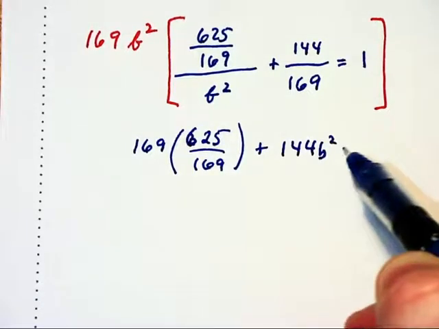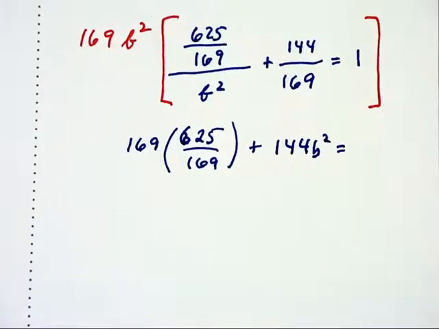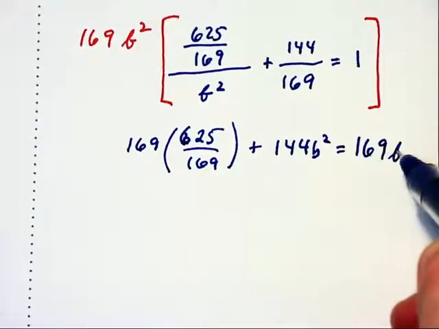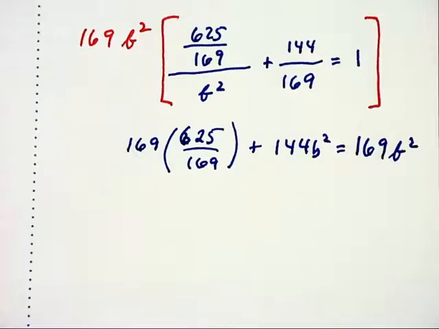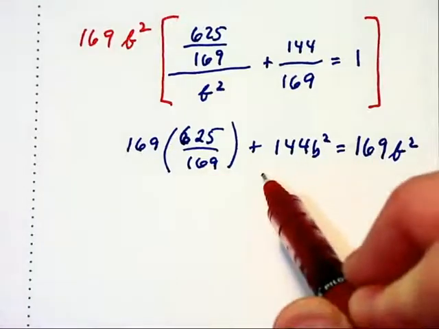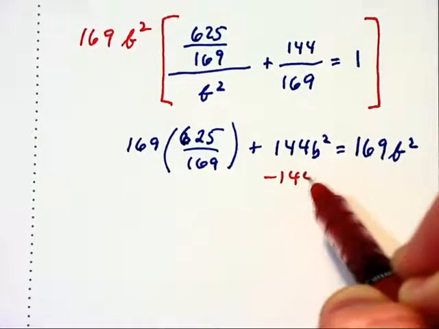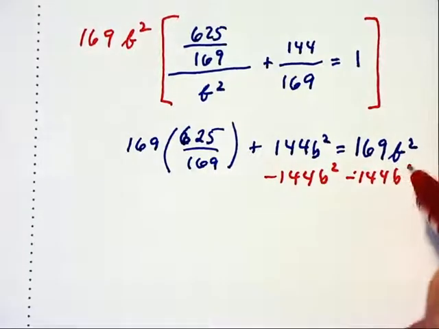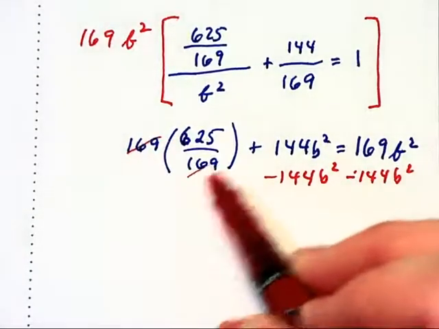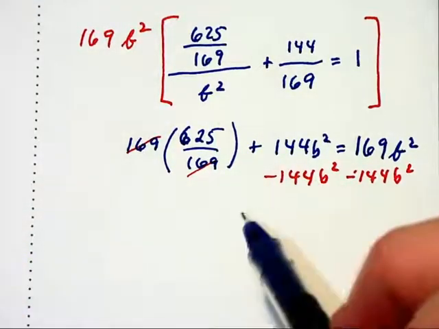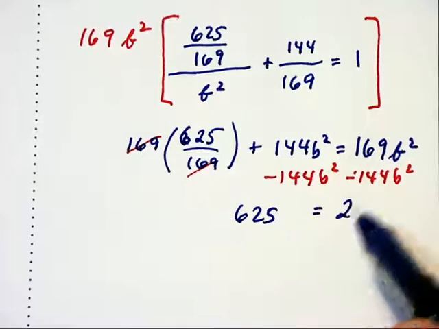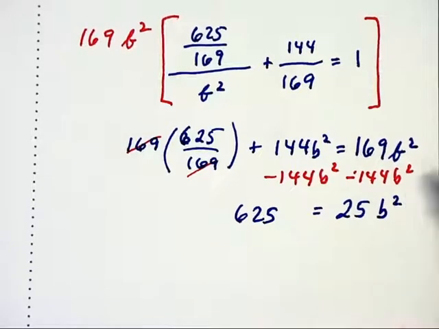And on the right, there's nothing to cancel with, so we multiply 1 by that least common multiple and have 169 b squared. Upon subtracting the 144 b squared on each side and simplifying the fraction on the left, we now have 625 equals 25b squared.